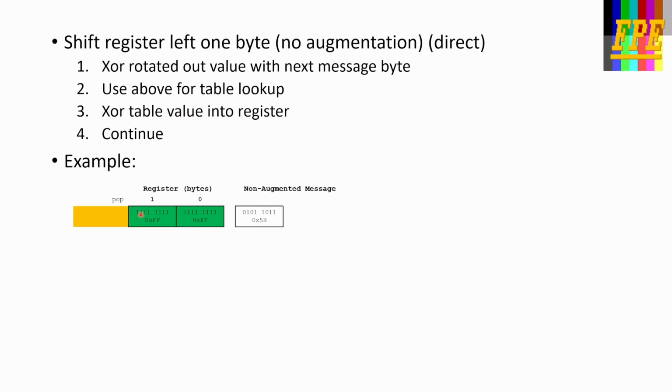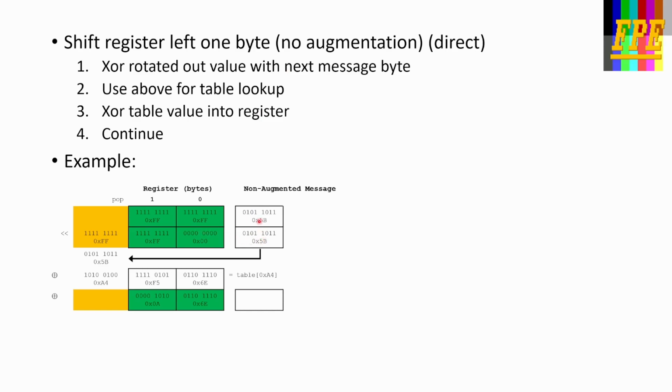So here we're starting with the same initial value register, 0xFF, 0xFF, and the message of 0x5B. No augmentation, so you do not have the zeros over here. So you shift to the left, you get the 0xFF out. Remember, we're not pulling the new message in this case. We're actually going to use that for the table lookup instead.